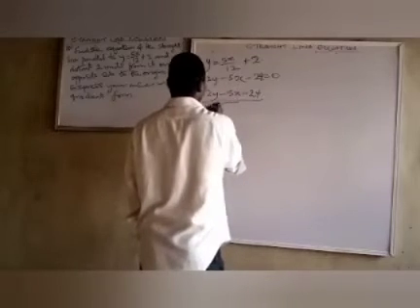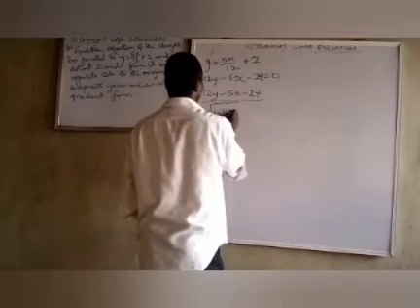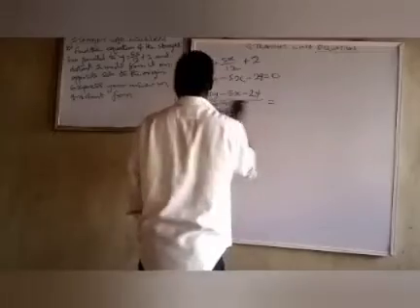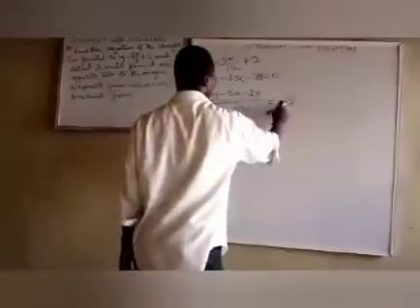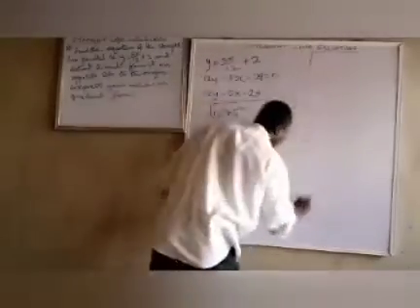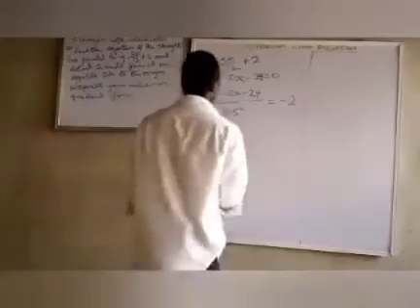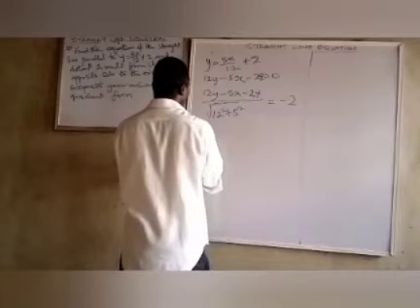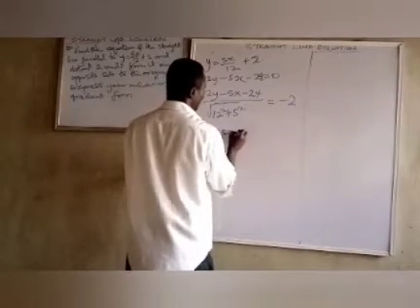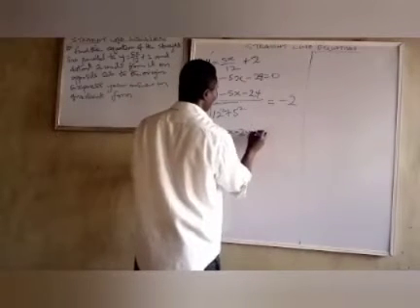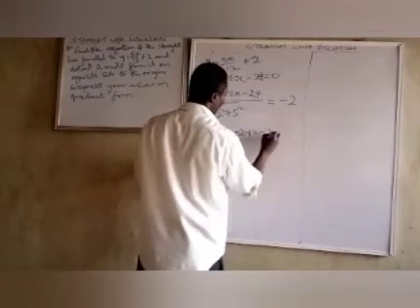It's going to be over the root of 12 squared plus 5 squared, and it will be equal to -2. Please note, the minus is there because it is on the other side of the origin. Now, we are going to have 12y - 5x - 24 = -26.